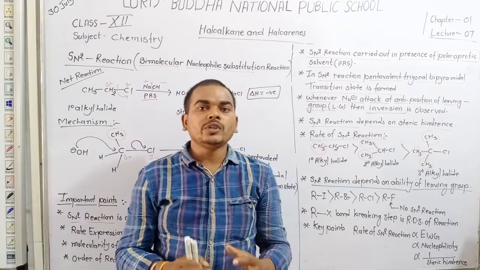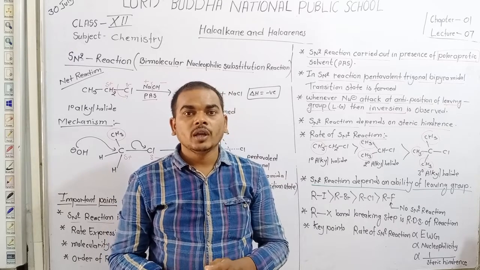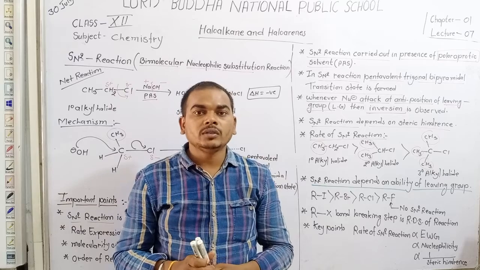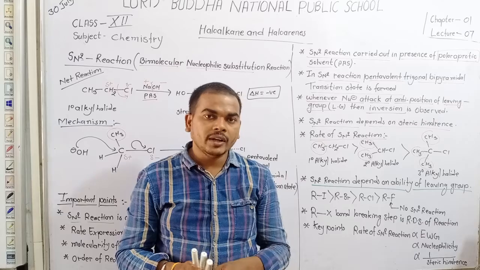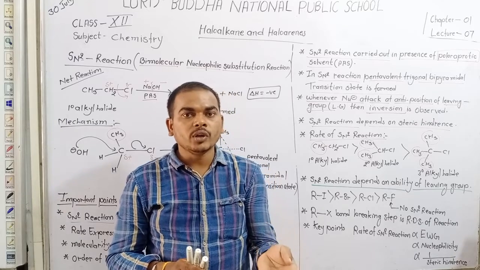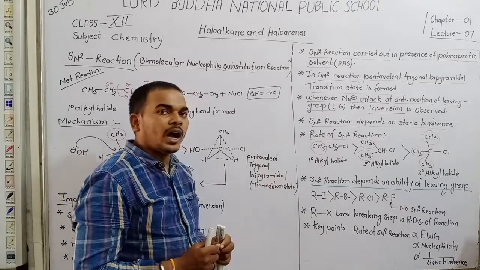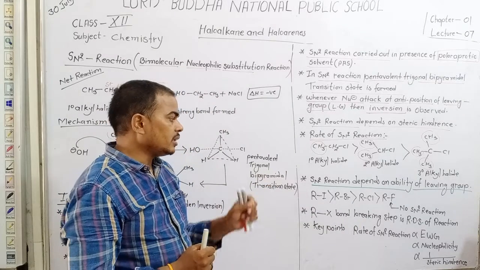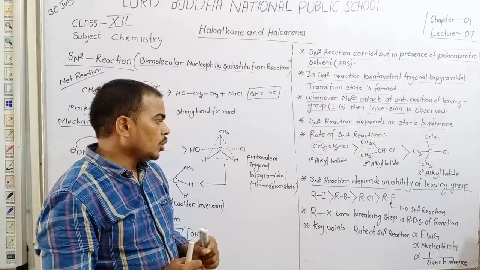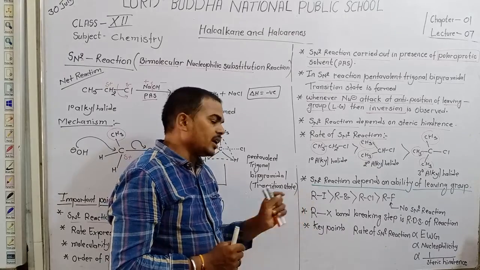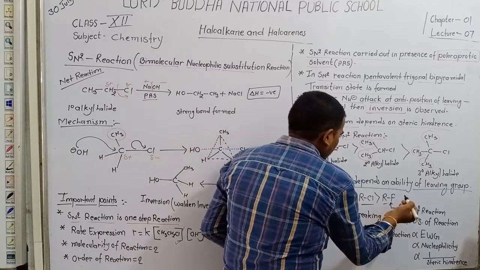The leaving group which has the larger size forms a longer bond, and the longer bond breaks easily, and therefore the leaving group leaves easily. Dear student, you know that the size of iodide is higher than the size of bromide, chloride and fluoride. So iodide from an alkane leaves easily as compared to bromide, chloride and fluoride.